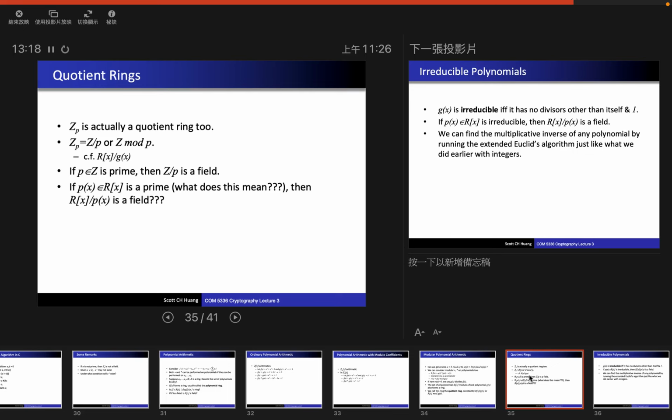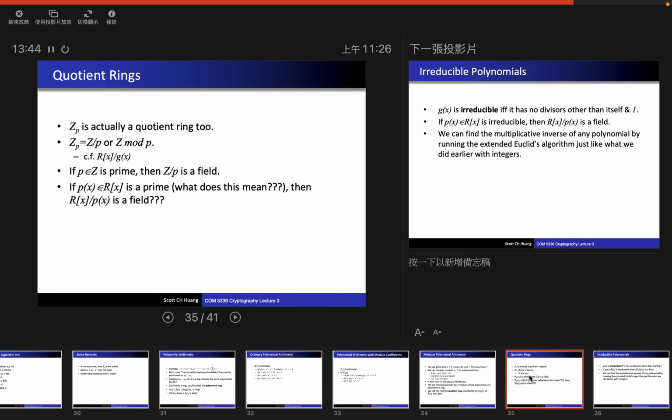Now, similar calculations can be carried over. The thing is, we have to have a concept of kind of like a prime polynomial. If we can extend the idea of primes to the set of polynomials, then we can pretty much copy the same thing and construct a field.